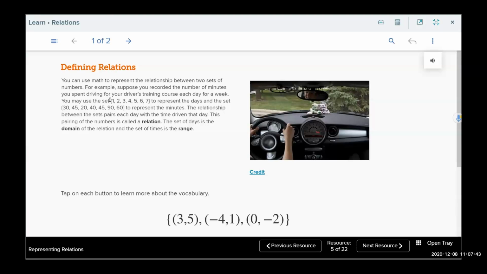So these numbers up here, 1 through 7, are representing the days, and then 30, 45, 20, 40, those are representing how many minutes we've driven. Those two sets of numbers create a relation. The way that happens is day 1, comma 30 makes an ordered pair. And so if we link day 2 to 45 and so on, we have a relation. The domain is this first set of numbers, and the range is the second set.